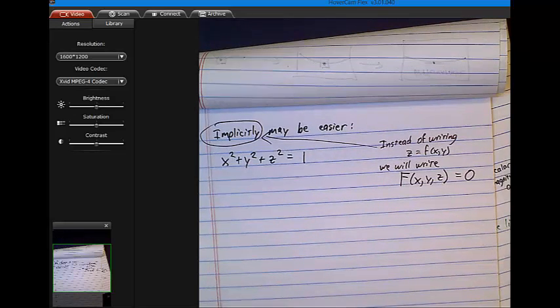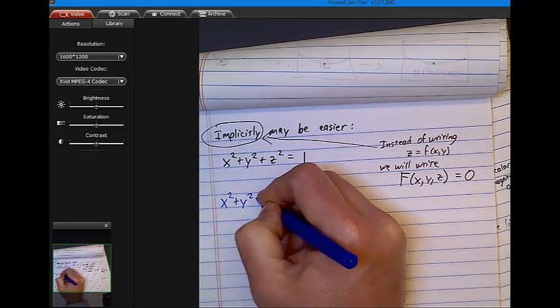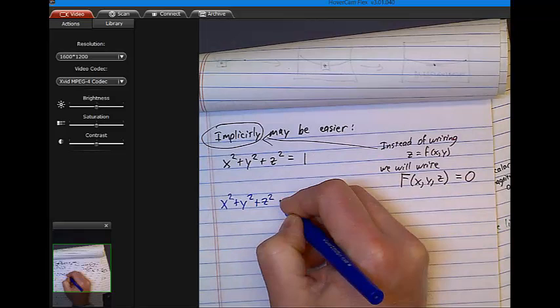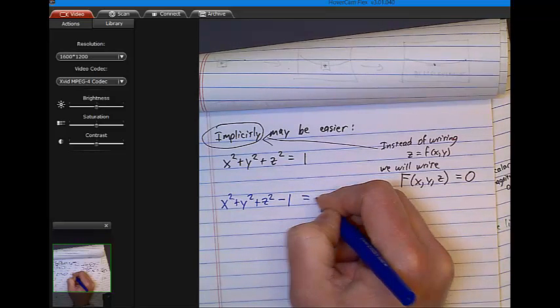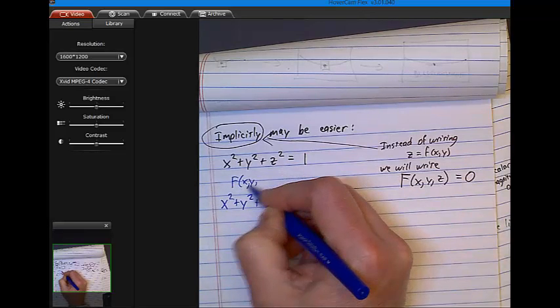So let me do that. I'm going to write x squared plus y squared plus z squared minus 1 is equal to 0. Here's my big F of x, y, z.